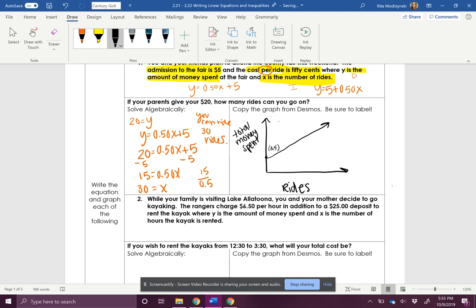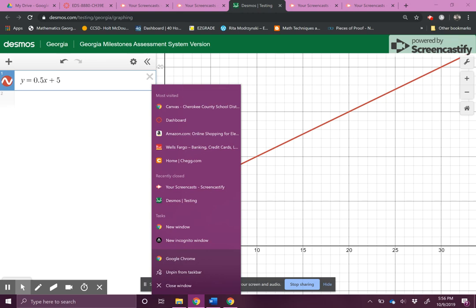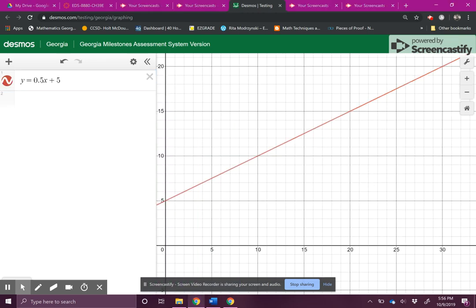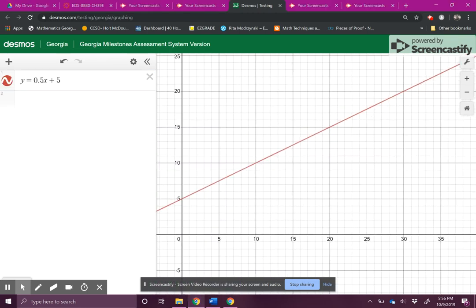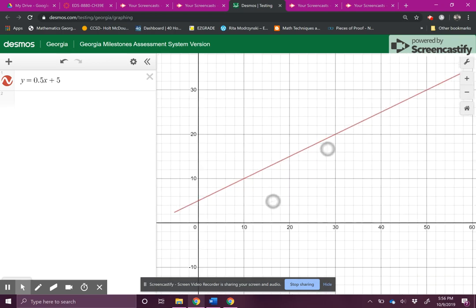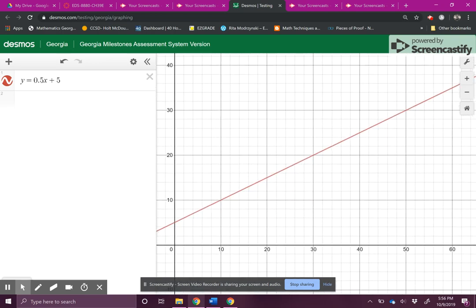Now, another thing that's just kind of cool to help you understand how the equation, scenario, and graph are all represented together, I want to show you this. If you go up to $20 on your y-axis, because that's how much money your parents gave you to spend, and you go over to the line and go down to the x-axis, notice how you get 30.